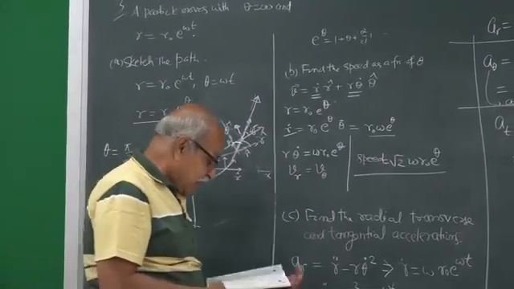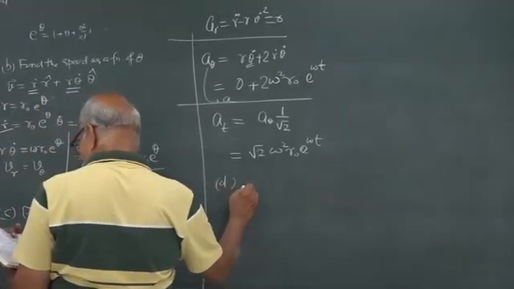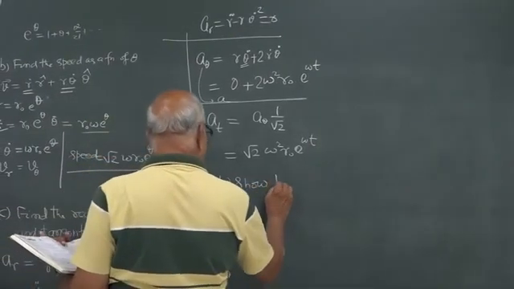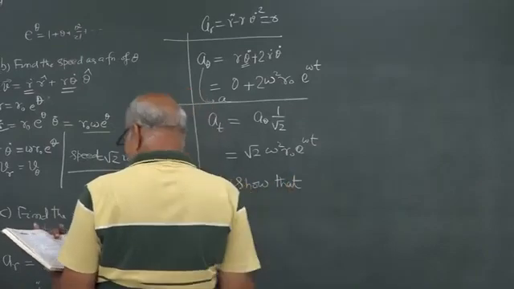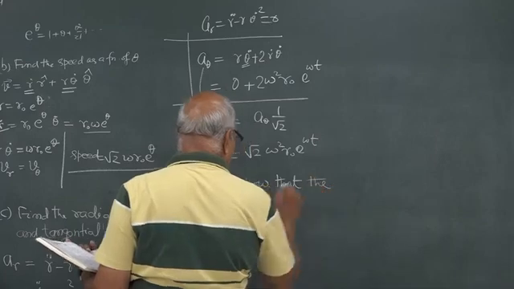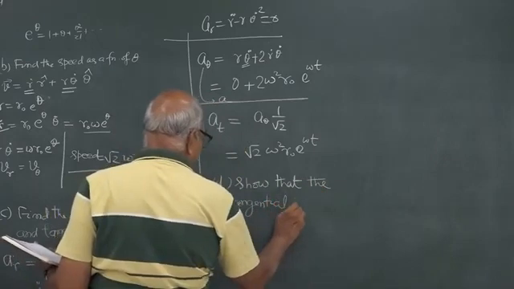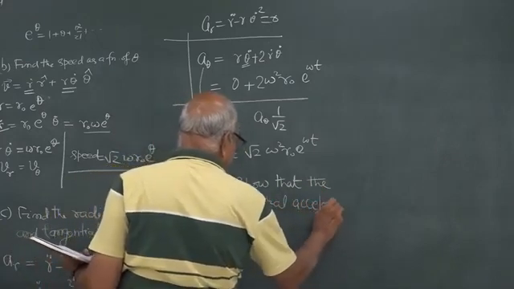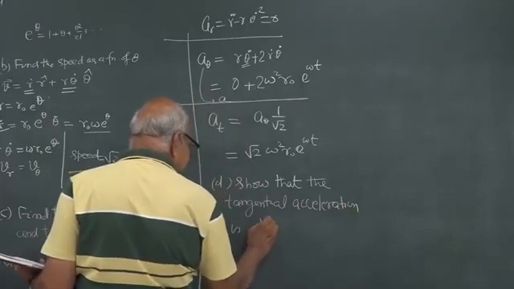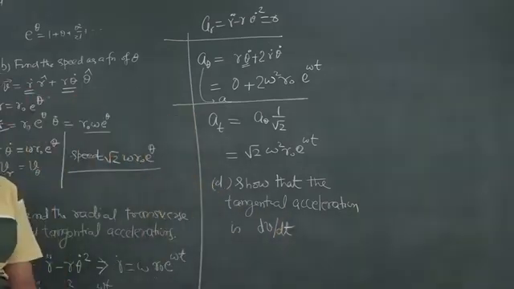Then the next part is: show that this tangential acceleration is dv dt, the rate of change of speed.